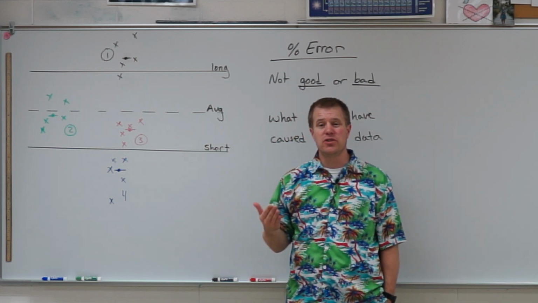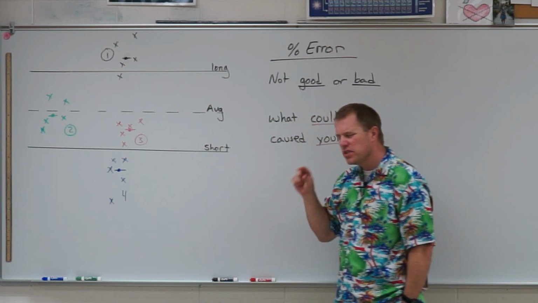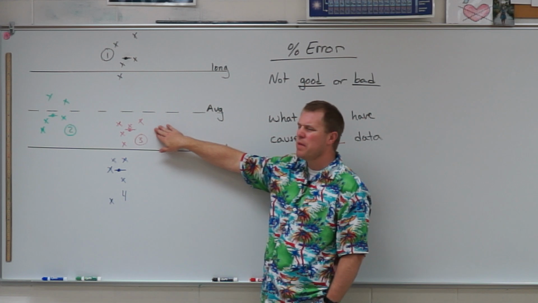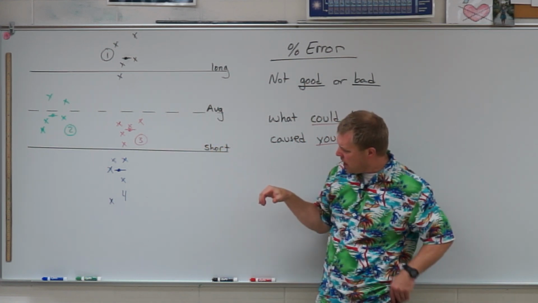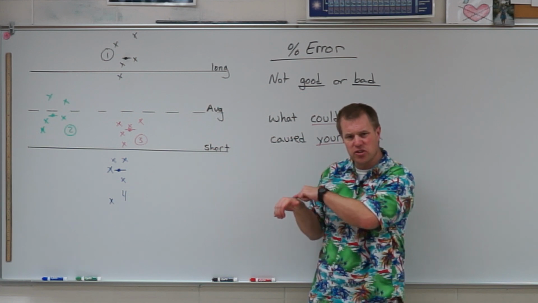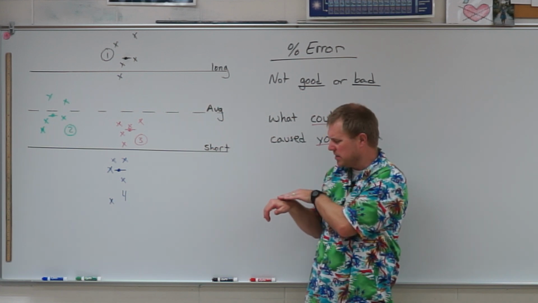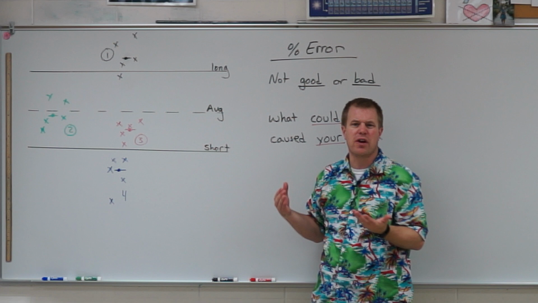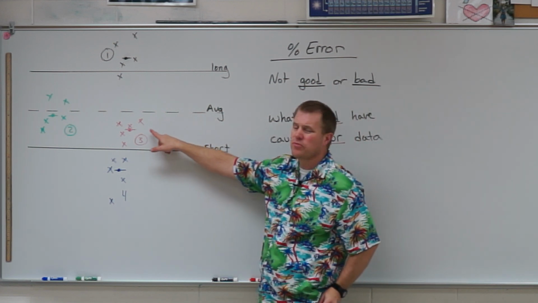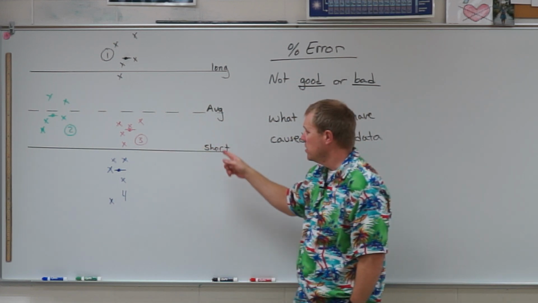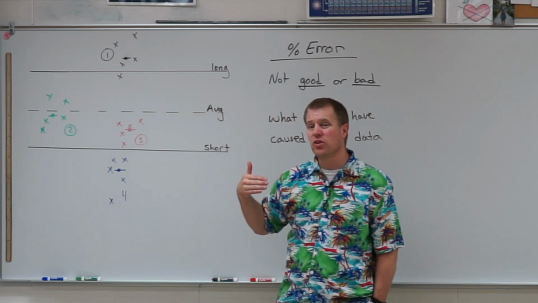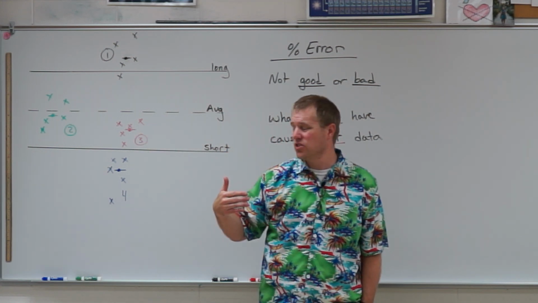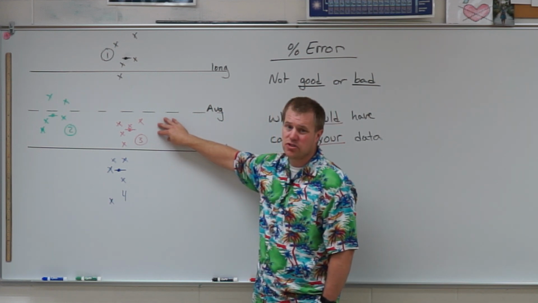And so what we'll want to do is think, okay, what small thing could make this land short? And so maybe you think about, okay, how about that edge of the table? It's a little curved. Okay, so maybe it started falling a little sooner than what I expected. Or it dropped off from a different height. Okay, so that might have a small effect. Or maybe there was a little resistance and it slowed it down and made it land short.